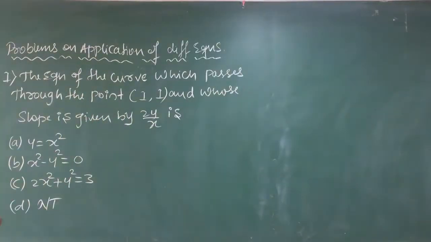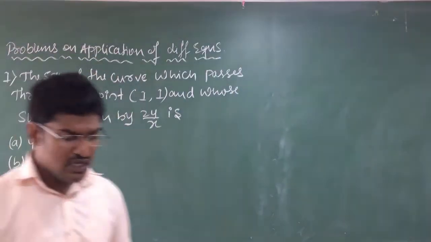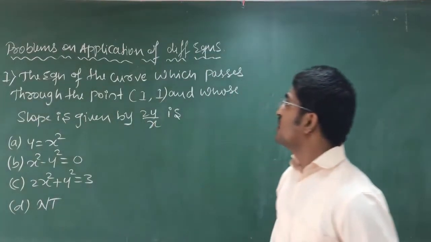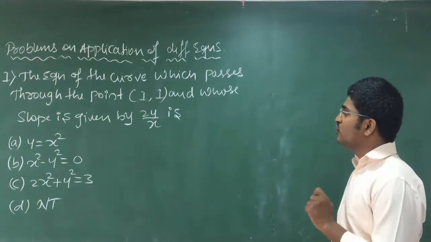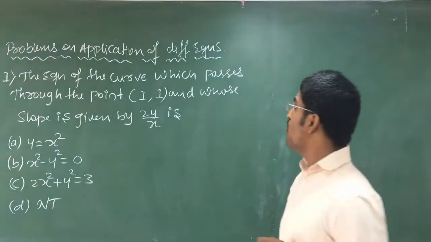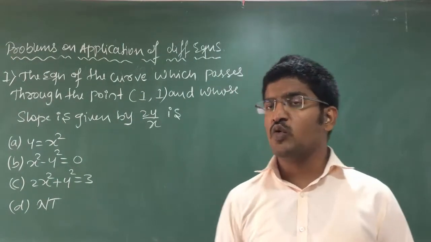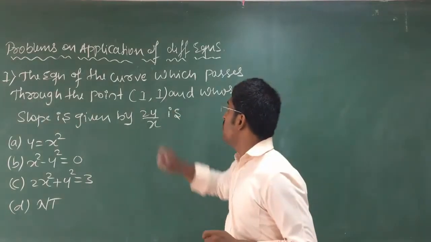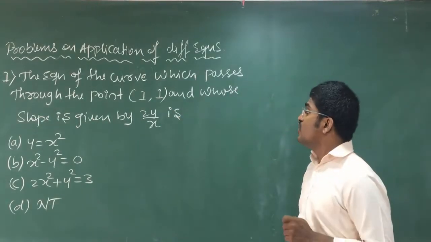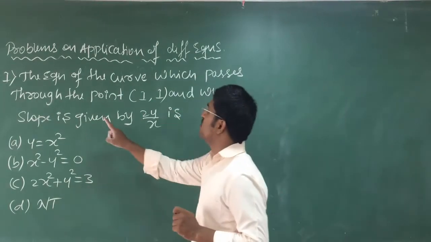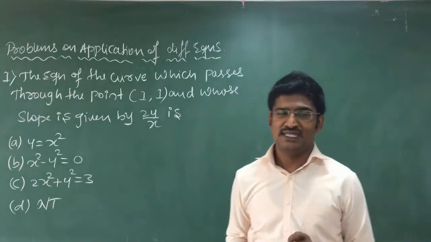Clear? Okay. So what is the problem here? Listen carefully. The equation of the curve which passes through the point 1, 1. That means the curve is passing through the point 1, 1 and whose slope is given by 2y by x.